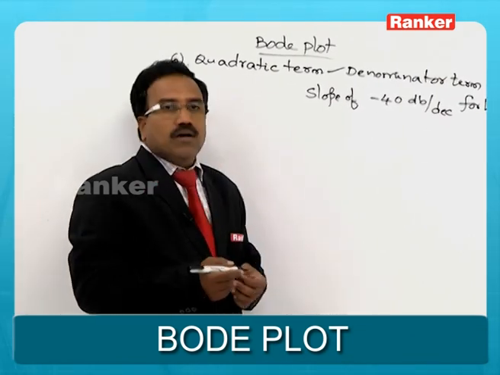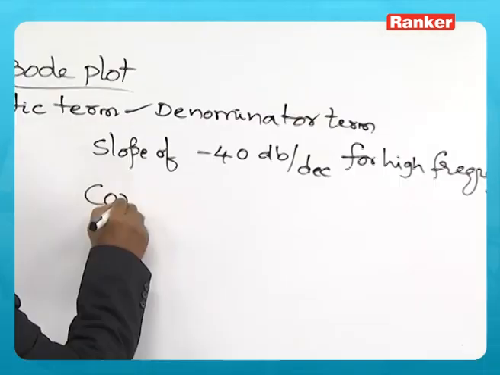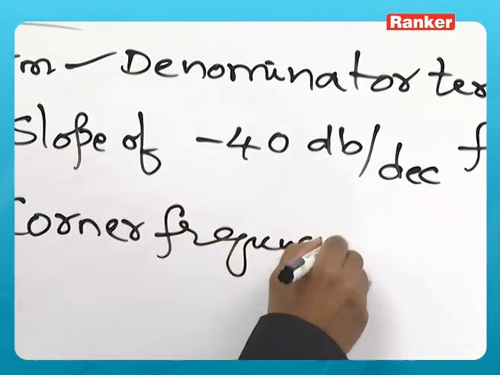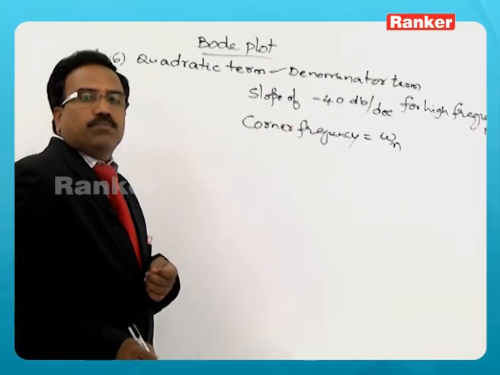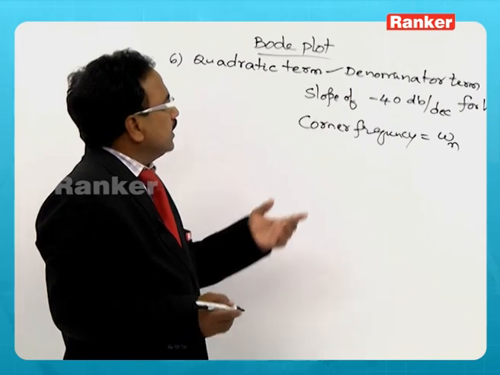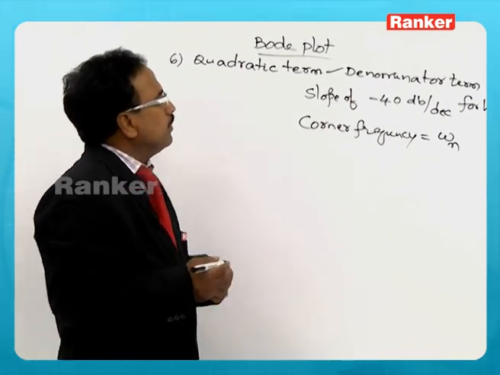The corner frequency for the second order term is omega n, that is the undamped natural frequency that appears in the quadratic term, which should be taken as the corner frequency, but the slope is minus 40 dB per decade.